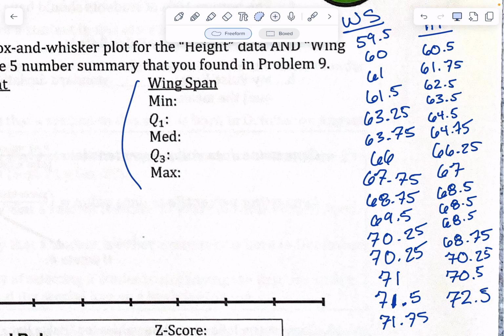How many numbers do we have? 15. So what kind of.